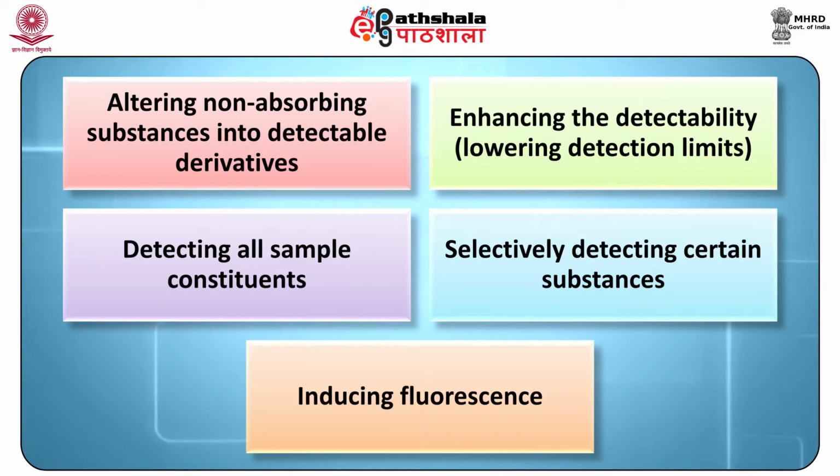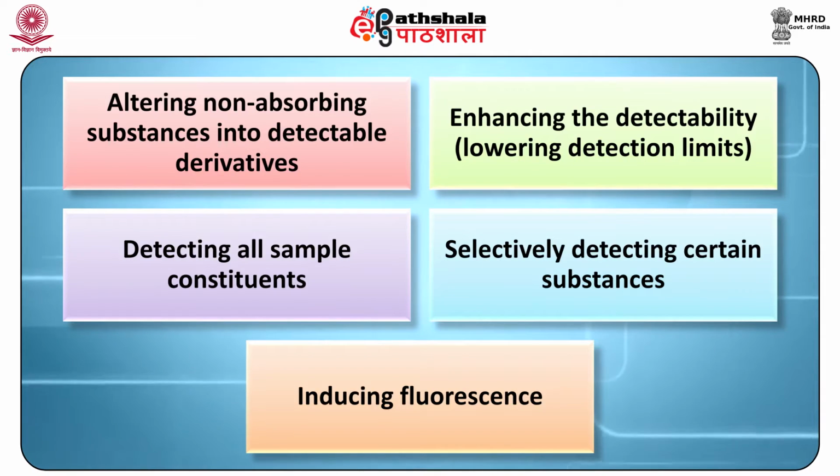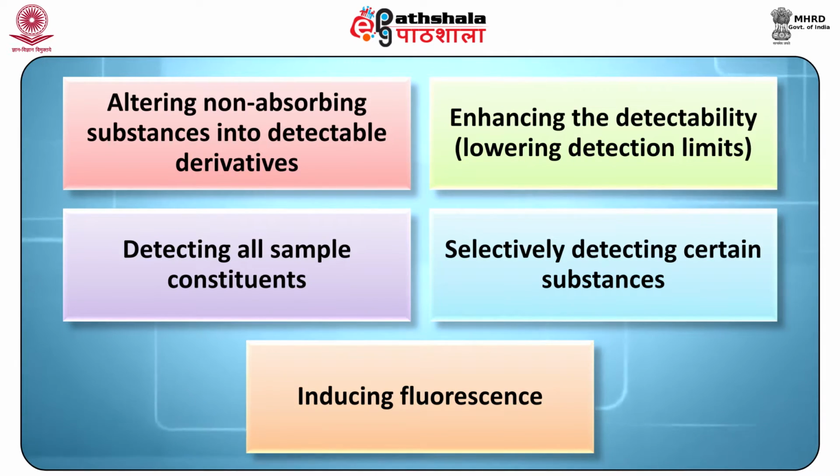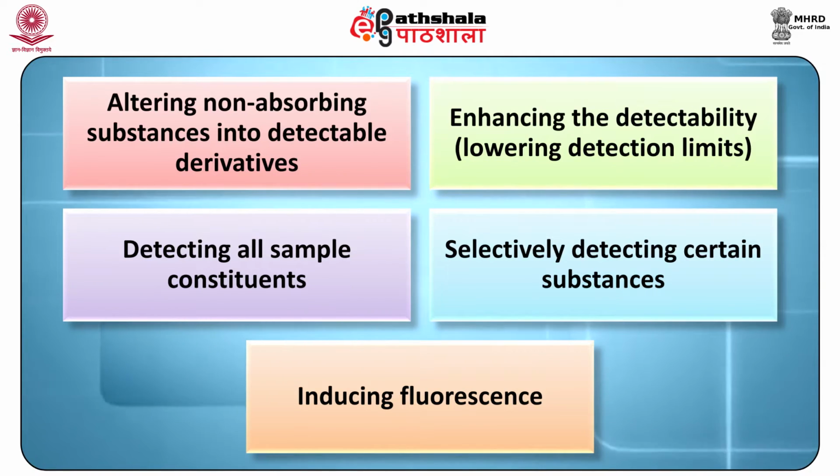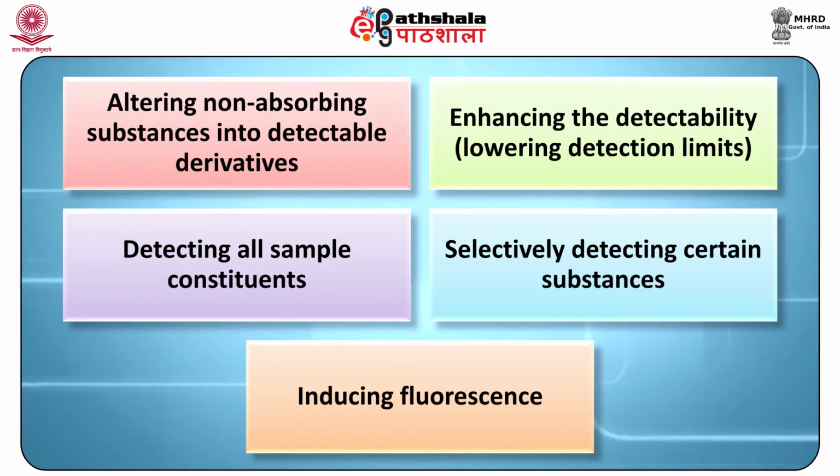Derivatization alters non-absorbing substances into detectable derivatives, enhancing detectability, lowering detection limits, detecting sample constituents, selectively detecting certain substances, and inducing fluorescence. The technique is accomplished by spraying liquid, immersing or dipping, and with the help of gases.